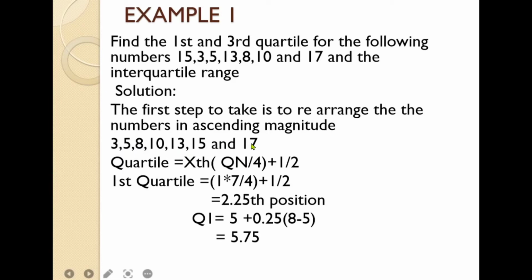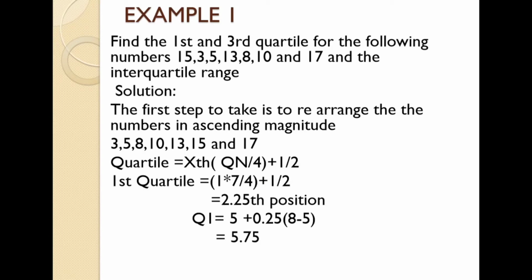So we can see that we have 7 numbers. 1 times 7 divided by 4. It is divided by 4 because a quartile divides a set into 4 equal parts. So 1 times 7 is 7 over 4 plus half. So that gives us 2.25 position.